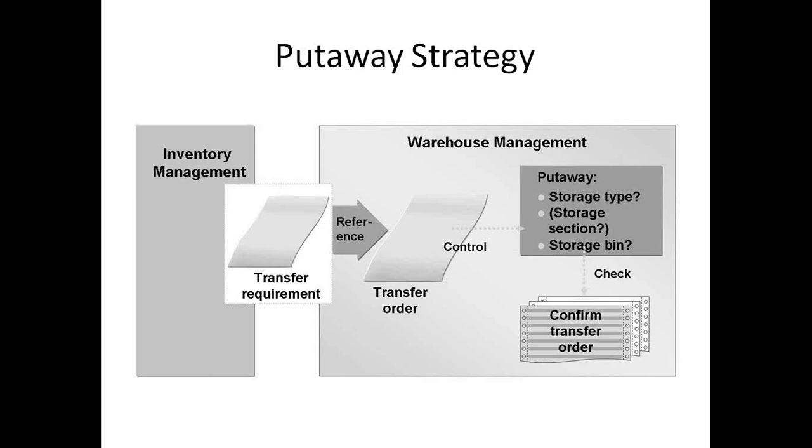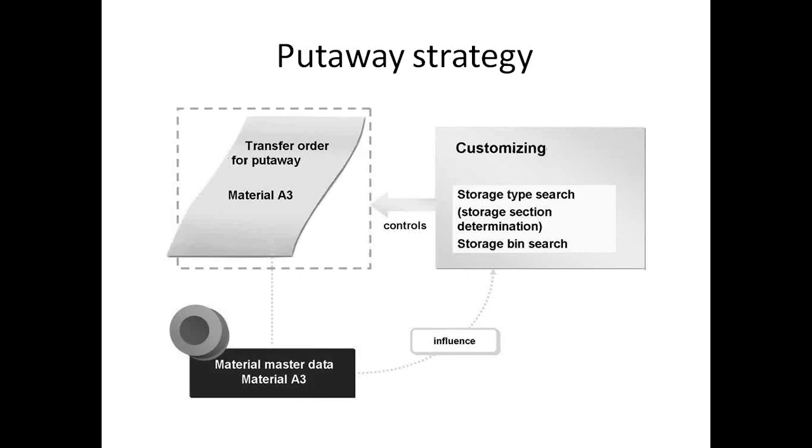But in SAP we do have standard strategies. When we define these strategies, the system will automatically pick which storage bin should be updated. That is what we call put away strategies.